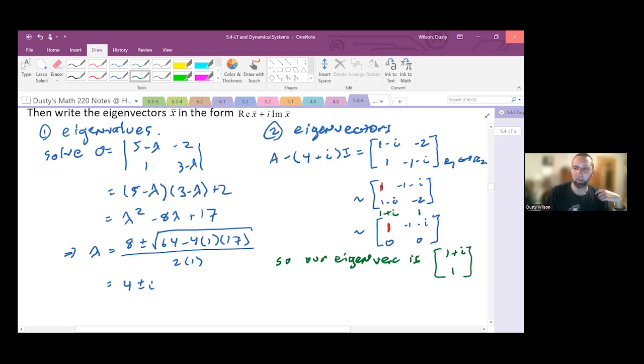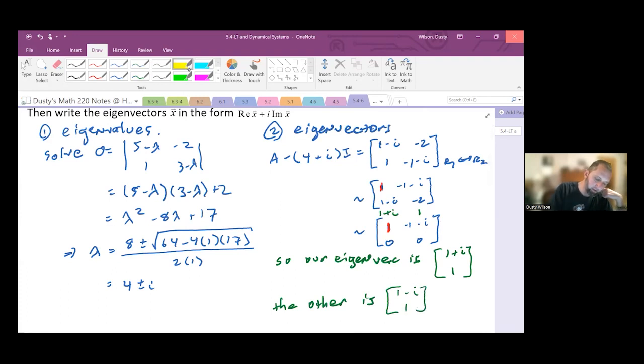Okay. We could go through the work to find our second eigenvector, but note these things come in complex conjugate pairs. So the other will be 1 minus i and 1.